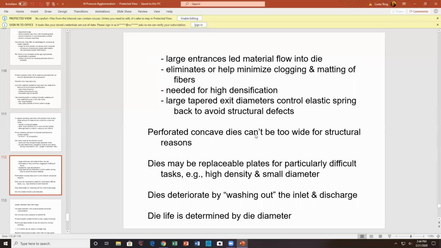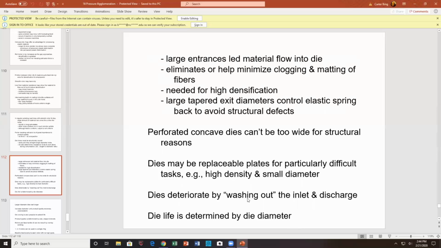Perforated concave dies can't be too wide for structural reasons. Between the holes is a chunk of metal, and that could easily crack. Dies may be replaceable plates for particularly difficult tasks, high density, small diameter.